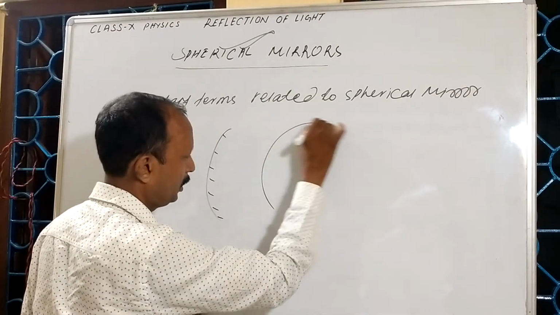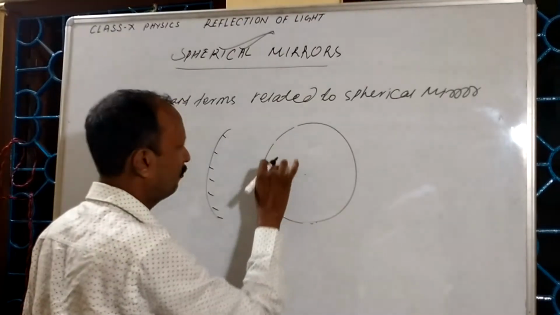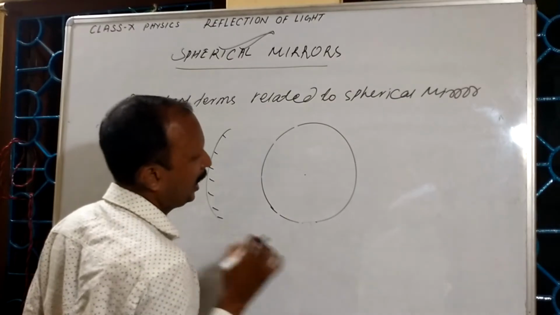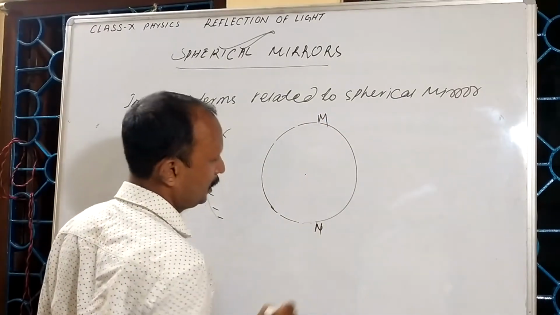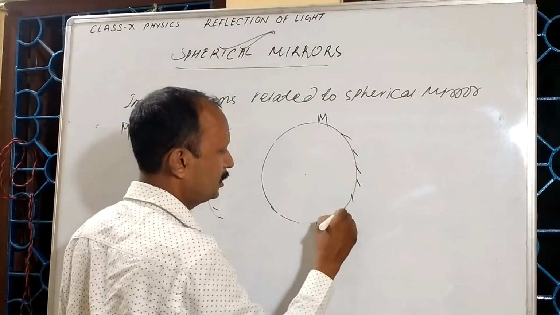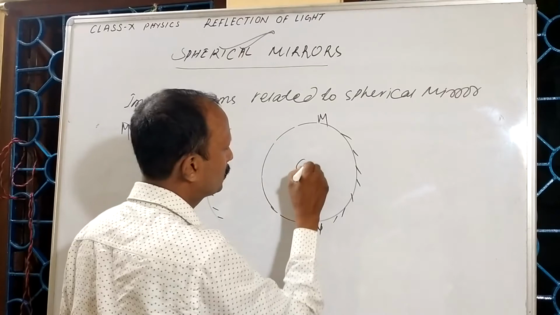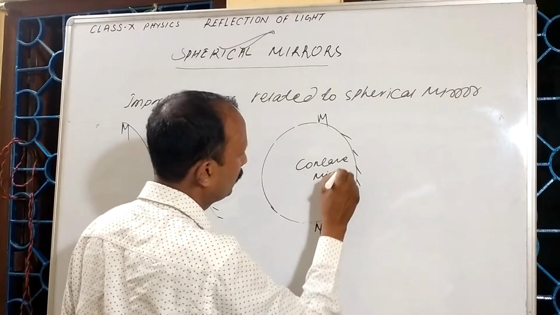Actually we are taking this mirror from the part of a hollow sphere of glass. So this is the M, this is the N. Suppose this outer surface is painted. So this is a concave mirror.